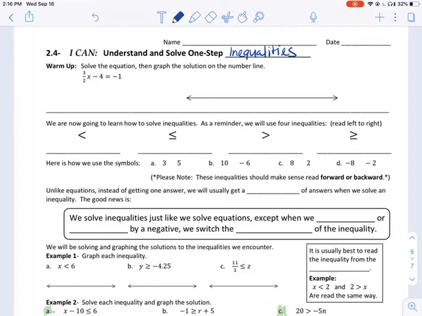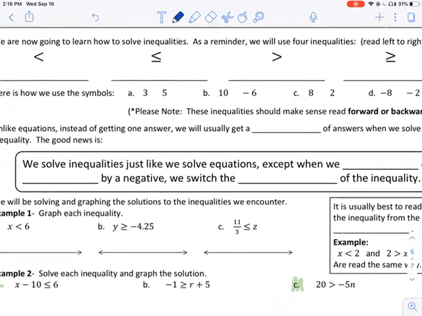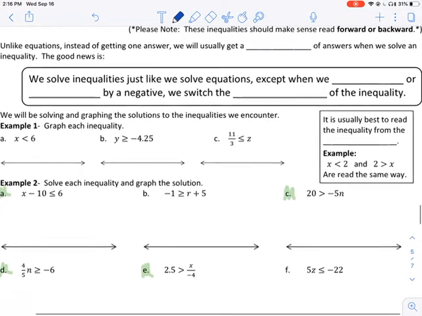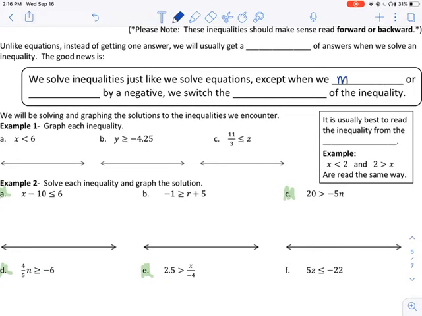We are solving one-step inequalities. Yesterday, we learned a little bit more about what inequalities are and how to graph them. Inequalities are things that are read as less than or equal to, greater than, and greater than or equal to. When we're solving something that looks like an equation with an inequality, it actually solves exactly the same as an equation, except when we multiply or divide by a negative.